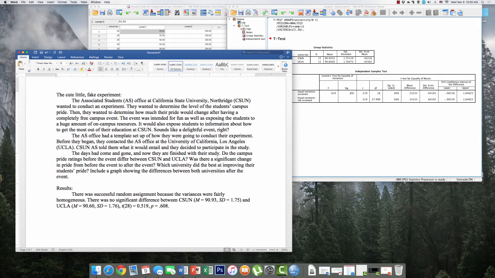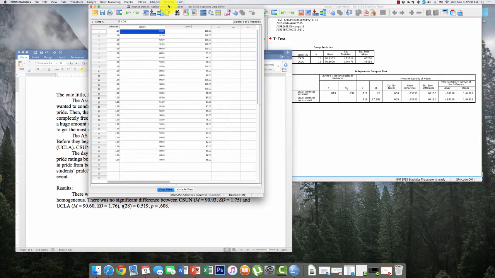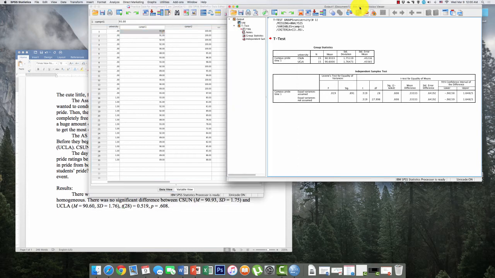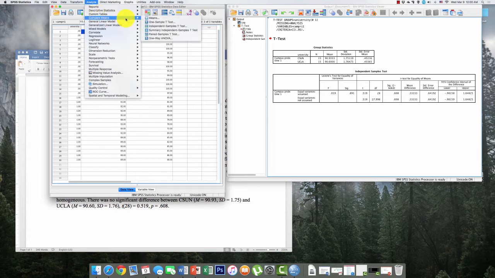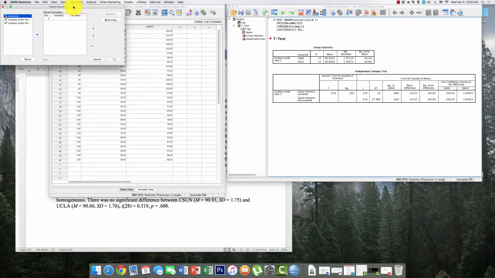Change up the words, do whatever you can so that it's not showing up as 40% similar or 30% similar. Okay, so going back to the SPSS data and output, we're going to do Analyze this time because we're going to do the second part. So we're going to go to Compare Means, Paired-Samples T Test.